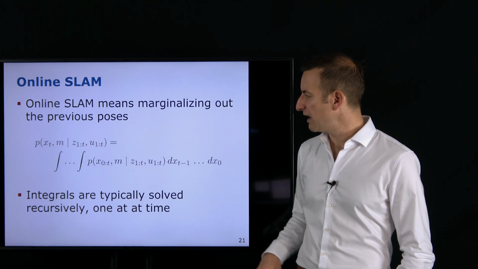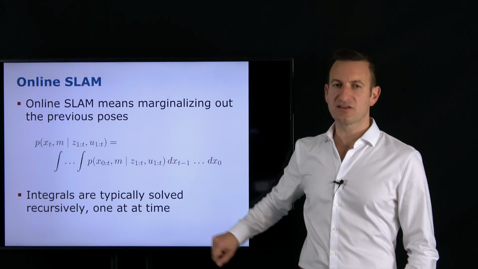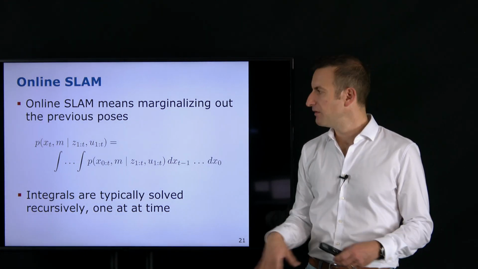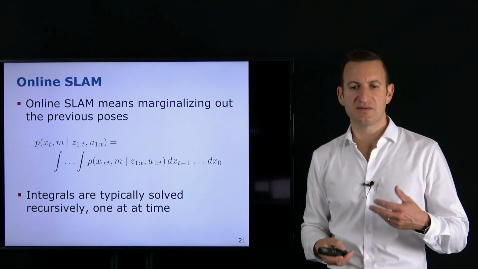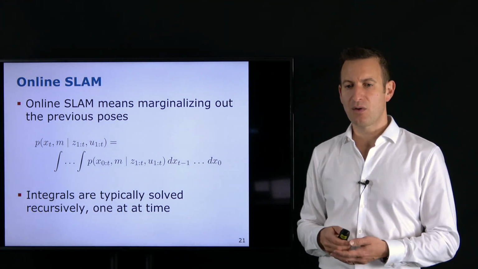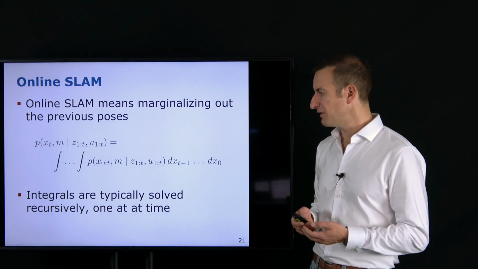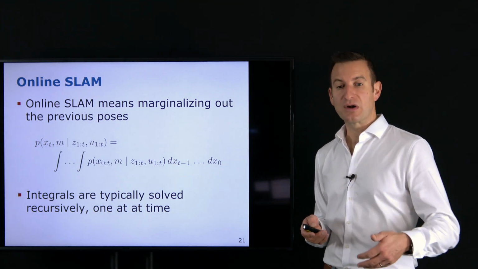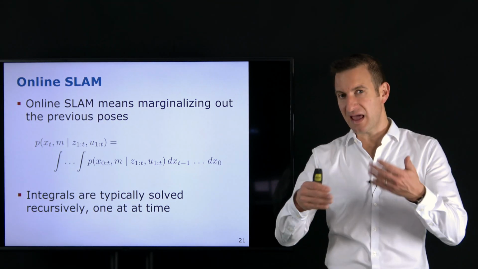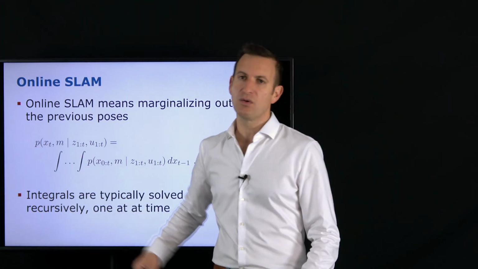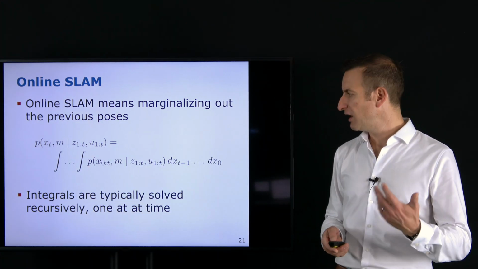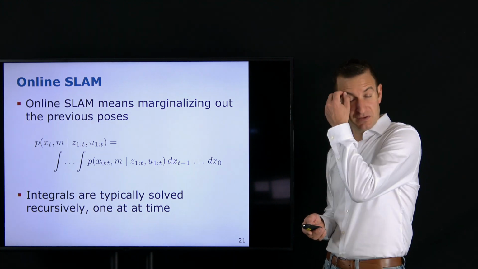And then there's a direct relation between the online SLAM and the offline SLAM problem. All these marginalization steps typically happen in our recursive Bayes filter estimate. If you perform our recursive estimation process, in every iteration we solve one of those integrals and integrate the previous pose away.